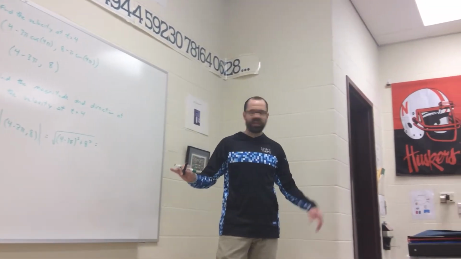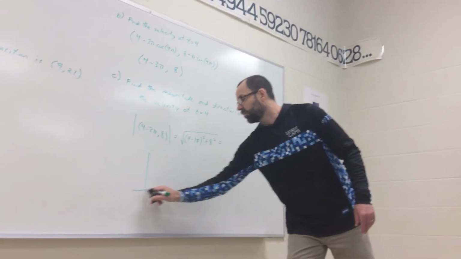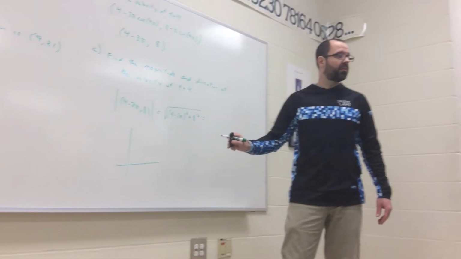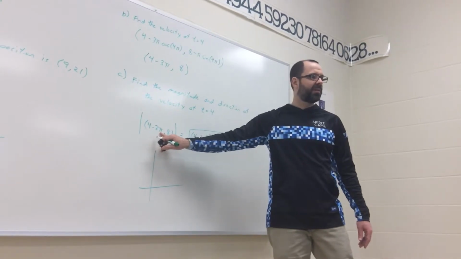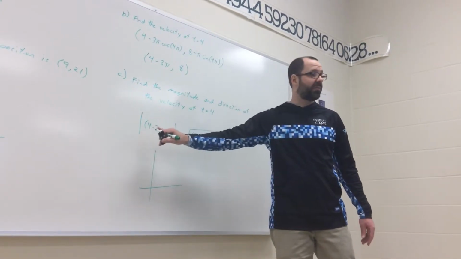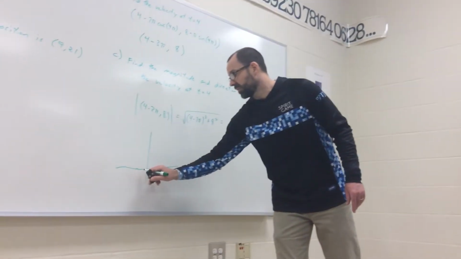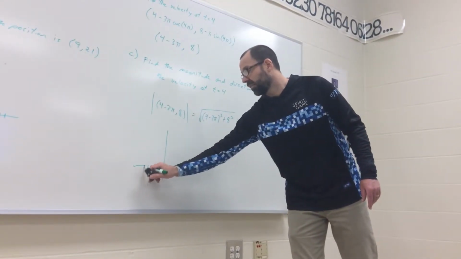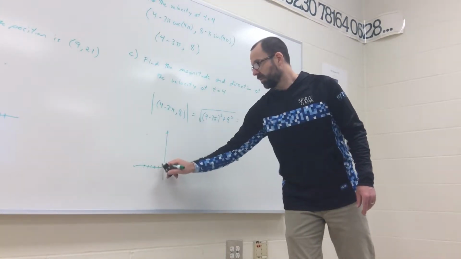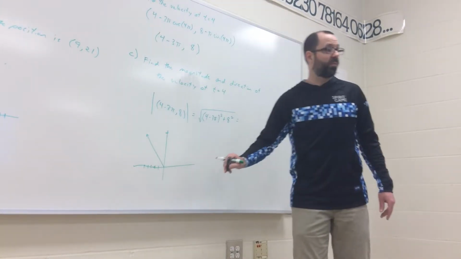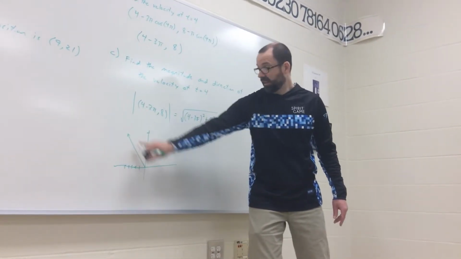So just so you have a picture of what's happening, we've got, well, this is about 9. So this is about negative 5. So the vector is about negative 5, 8. And what we're doing right now is we're finding the magnitude of it, the length of this vector.